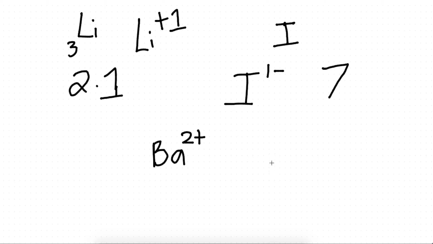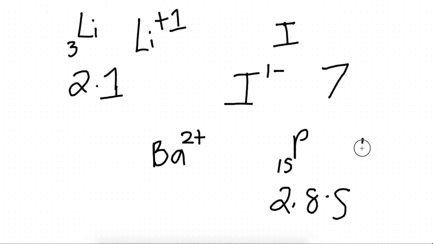Phosphide ion is from phosphorus. Phosphorus we know is in group 15, so the proton number is 15, 2.8.5. For it to become stable, to become an ion, it needs to gain 3 electrons. So, it becomes P3 minus. The charge is minus 3.